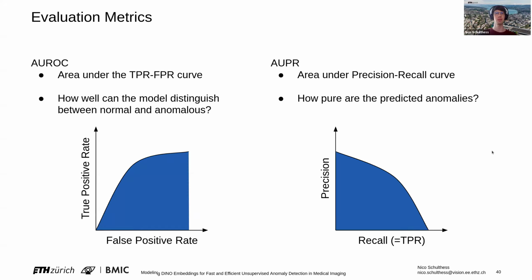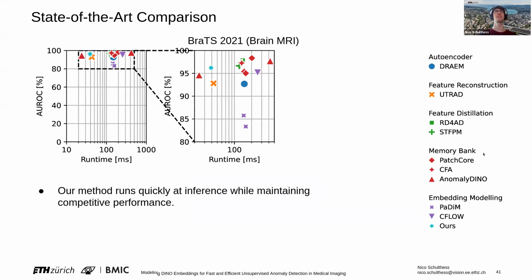And when we first look at the area under the ROC curve, maybe before we look at the scores, I have to mention the coloring: all the red colored ones are methods that rely on memory banks. So we try to group the groups we discussed initially with the same color.